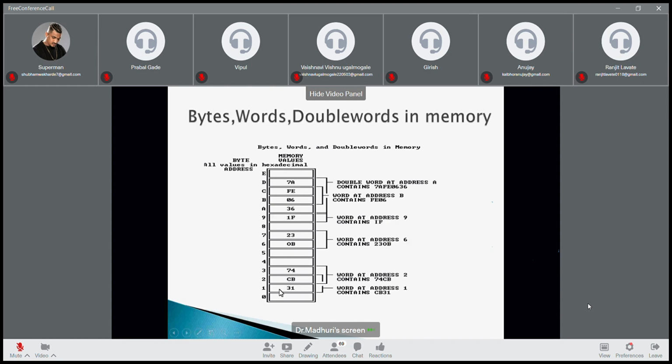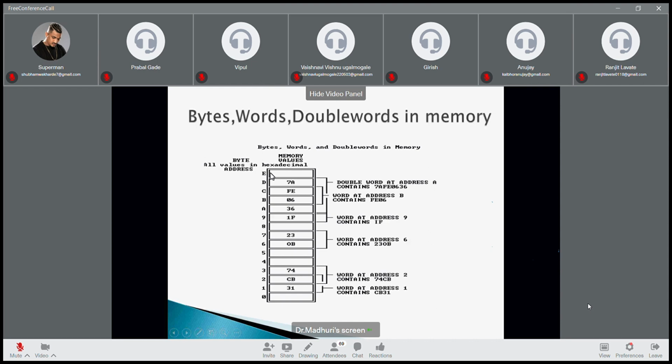So here you have word at address 31, word at address 9. Okay, that is 1F. It starts from 0 1 2 3 4 5 6 up to 9. After 9 it is not 10, it is A, which is a hexadecimal number. That's why it is A B C D E F. It takes the space from here.